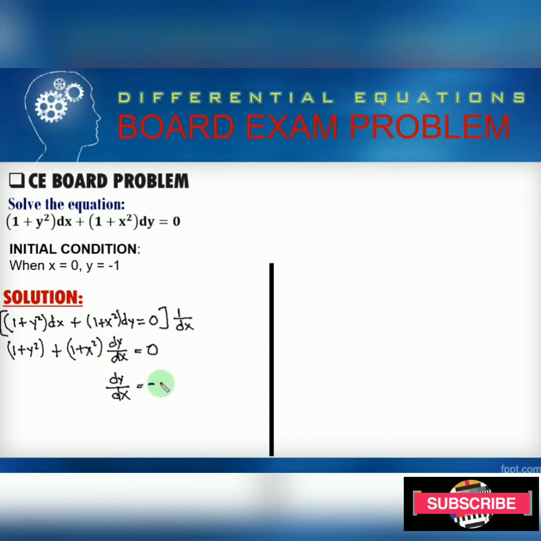So transposing this quantity 1 + y^2 to the other side, minus of this (1 + y^2) over this (1 + x^2), so that we could arrive to this form of dy over dx.